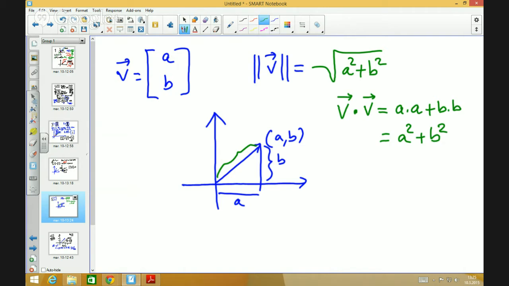It's actually the square of the length of the vector V, because the length of the vector V is nothing but the square root of A squared plus B squared. So you can use the dot product to calculate the length of a vector, provided you take the dot product of the vector by itself, and then you take the square root of that.